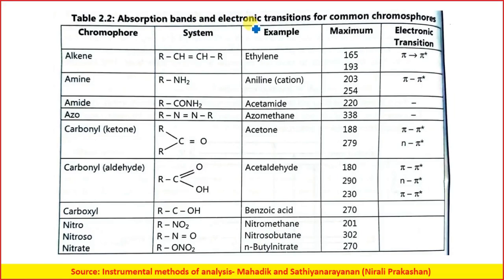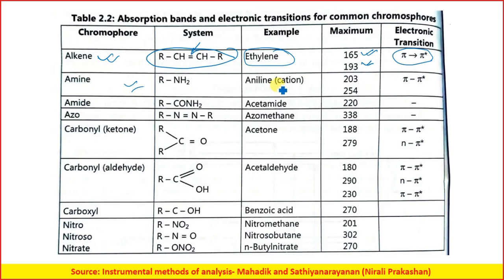So absorption bands and electronic transitions for common chromophores in alkenes will be something like this. It is ethylene, with maxima at 165 and 193 in alkenes. You have unsaturated bonds, so what electronic transition should take place? Pi to pi star. Then we have amine.